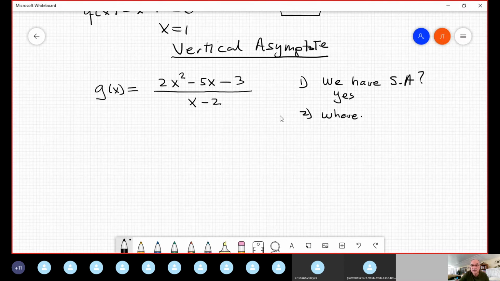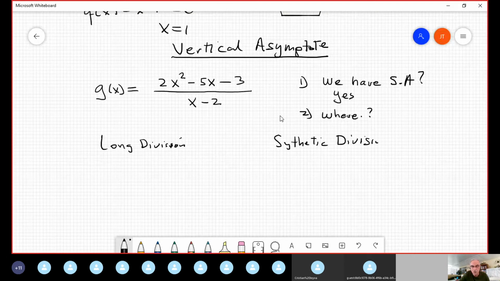And my second question is where? Well, to do that, I need to perform a long division or synthetic division. What do you prefer? In this case, possibly doing both or no? Synthetic or long division? It's possible doing both or only one?